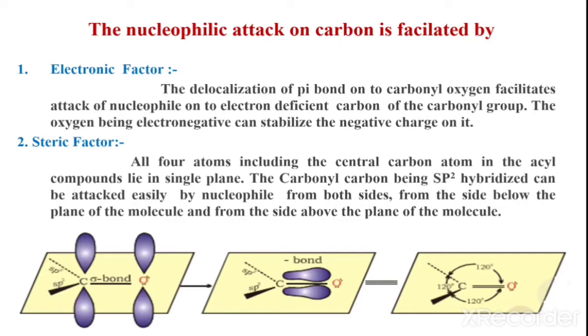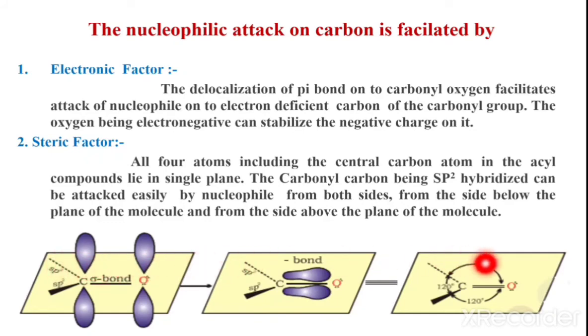That means all four atoms, including the central carbon atom in the acyl compound, lie in a single plane. Here the carbonyl carbon is sp2 hybridized and can be attacked easily by the nucleophile from both sides.